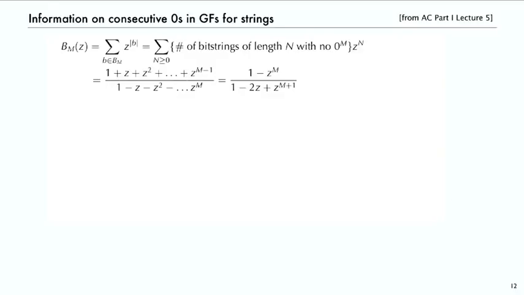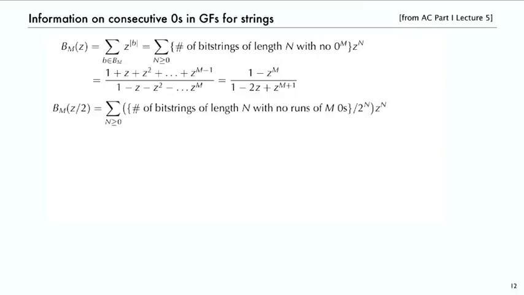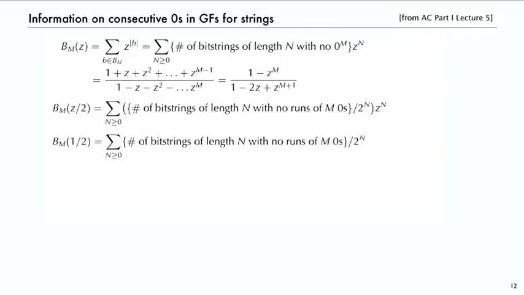And actually, by multiplying numerator and denominator by 1 minus z, you get a slightly smaller form of that. That's the same function. Now, what's convenient about this particular generating function is if you evaluate it at z over 2, then it just divides by 2 to the n, and it turns it into a probability generating function.